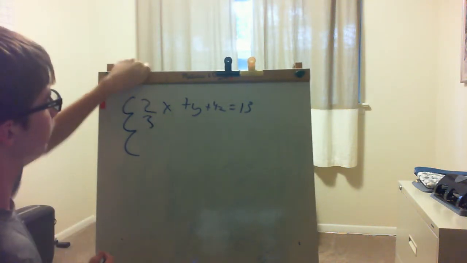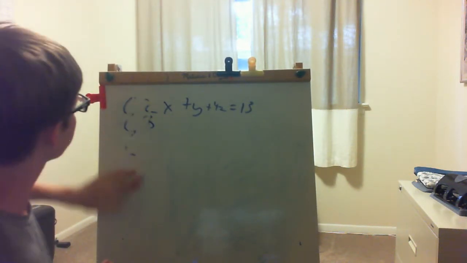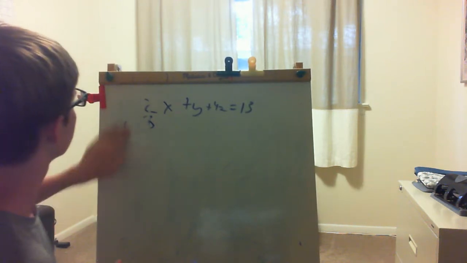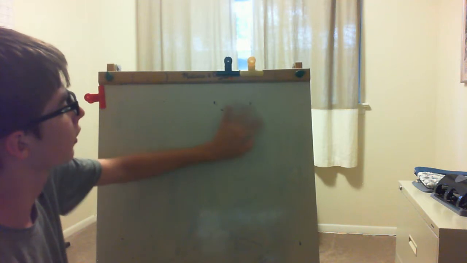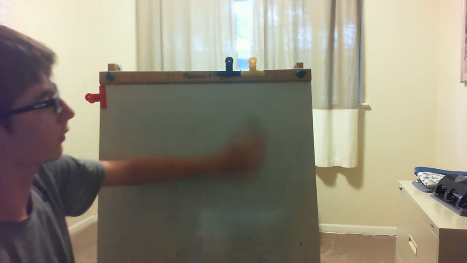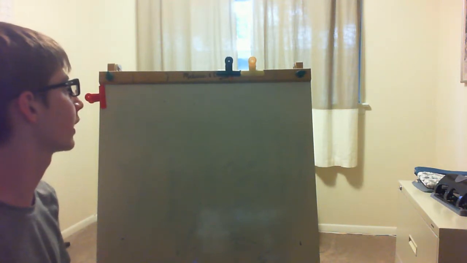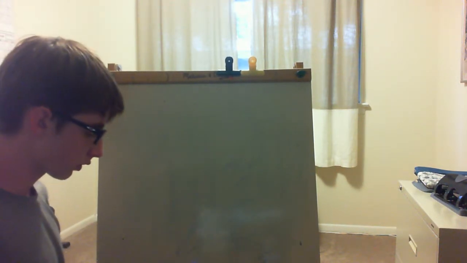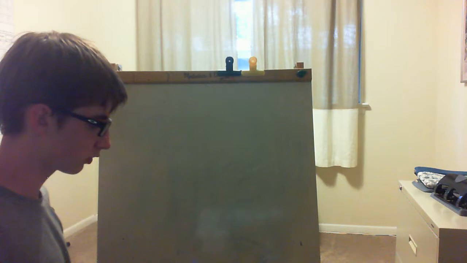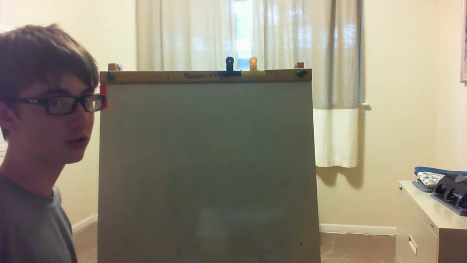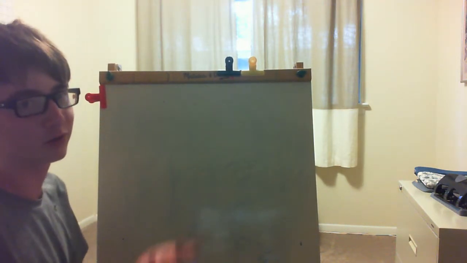This is kind of hard to do, because I don't know how to get the numbers without getting completely weird random numbers. So I'm just going to get you guys used to the idea of what an augmented matrix is.